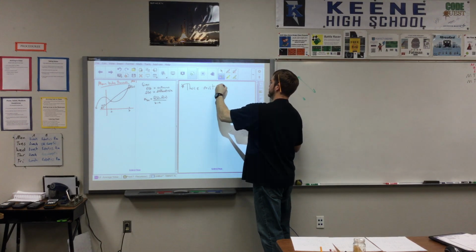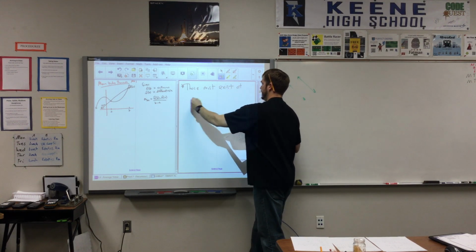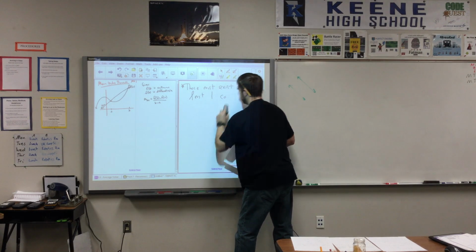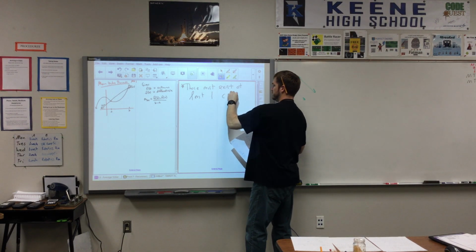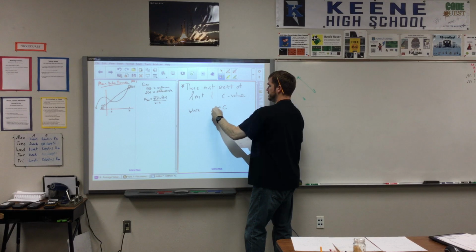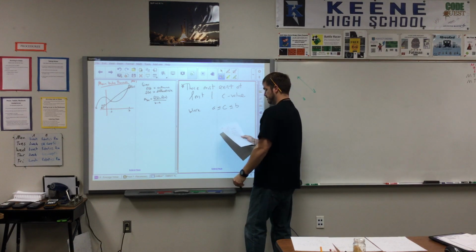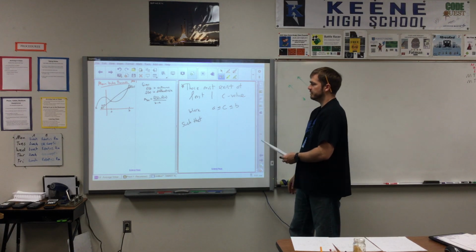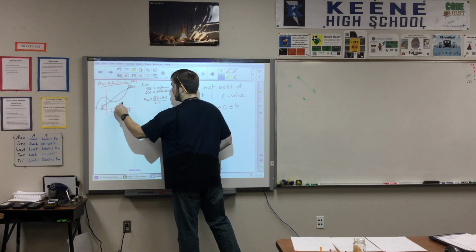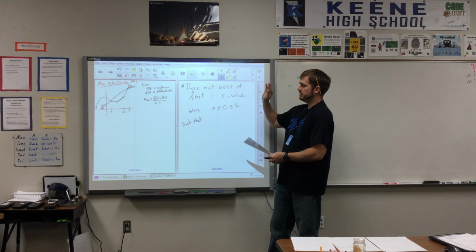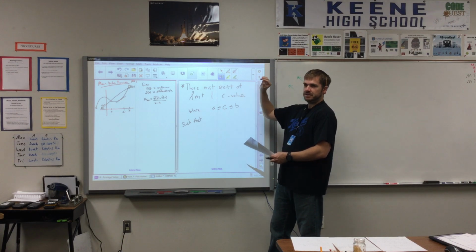There must exist at least one C value where C is between A and B, such that the tangent line at C is parallel to the secant line connecting A and B. Now how can we put this into words?